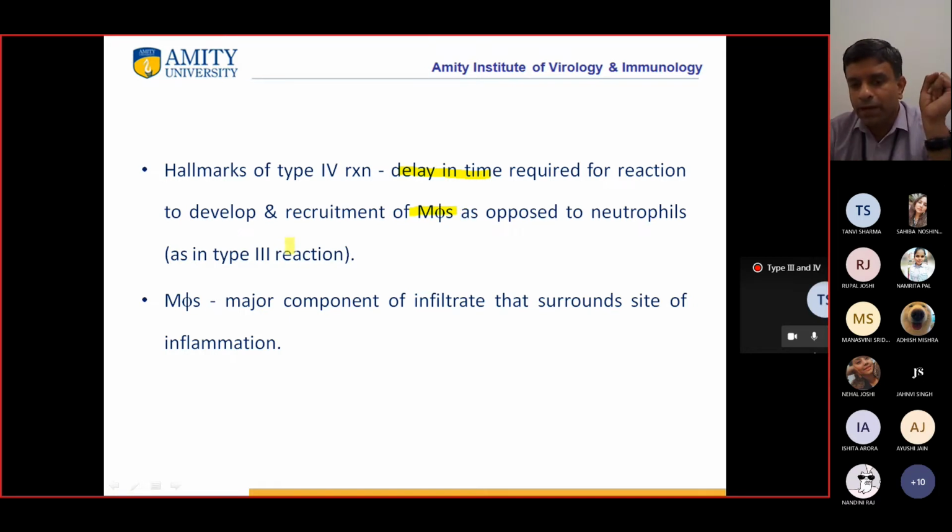Macrophages are the major component of the infiltrate that surrounds the tissue of inflammation. So in this case, you will see that at the site of infection, macrophages are the main culprit.